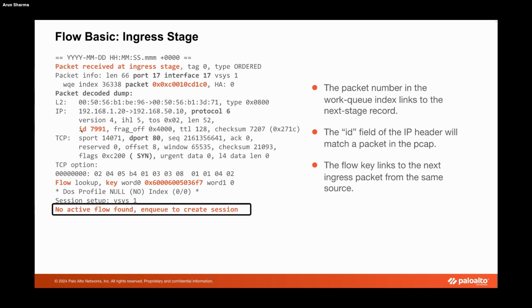This is the IP packet identification, which is part of the IP header. And the flow key links to the next ingress packet from the same source. In this output, the most important thing to keep in mind is the ID, which is 7991. This will be used to correlate the traffic in the PCAPs and in the monitor logs.